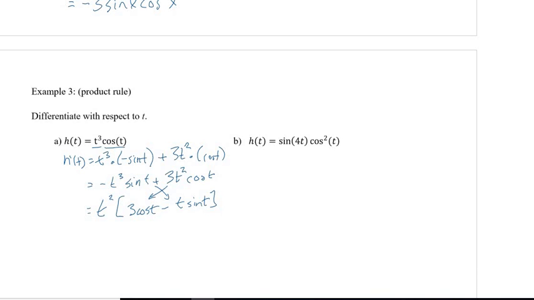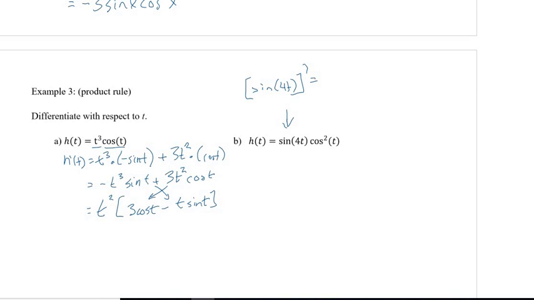Let's try another one. Now we have h of t equals sine of 4t times cosine squared of t. So this is going to get a little bit messy here. If we take sine of 4t and take the derivative, that's going to be chain rule.